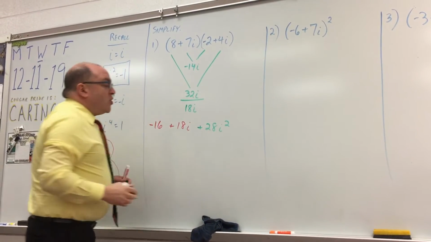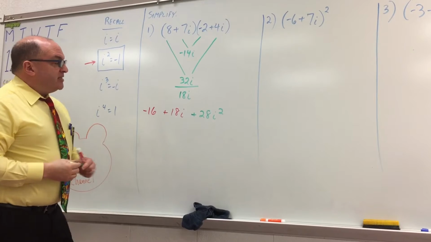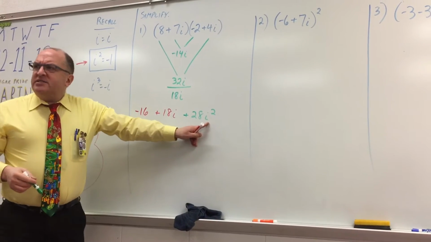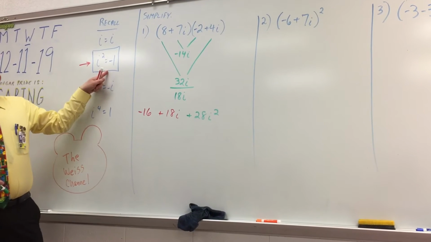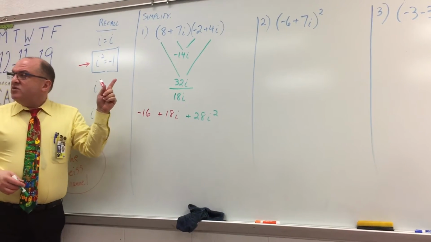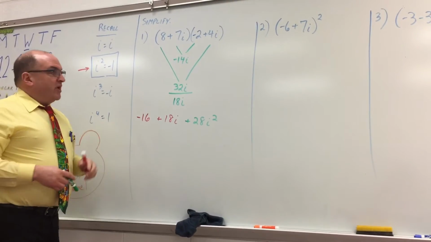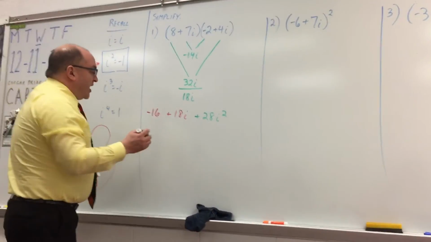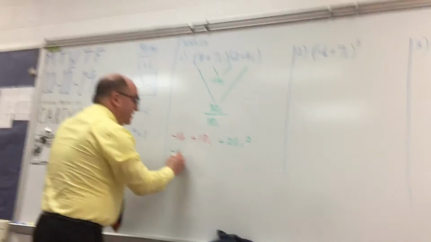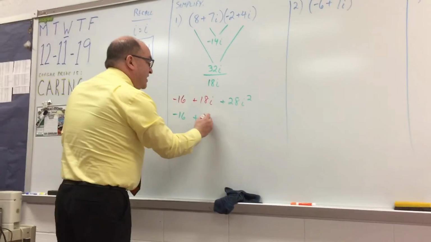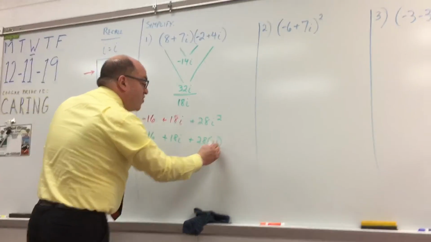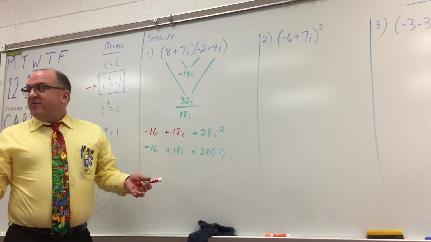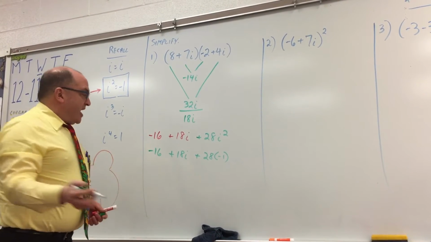We're not done here because what's i squared? i squared is -1. So whenever you get i squared, we're going to substitute it with -1. Okay, so now we have -16 plus 18i plus 28 times -1. 28 times -1 is -28.